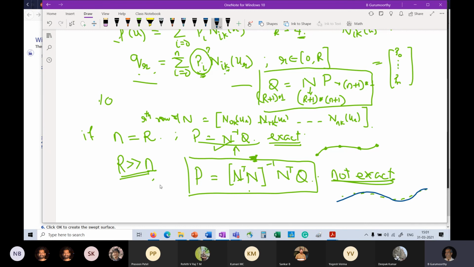The only guarantee you get is that this solution minimizes the least square error. What does least square error mean? If I take the distance between the point and the curve, square it and add it for all the points, no other solution can give me a smaller error than this.